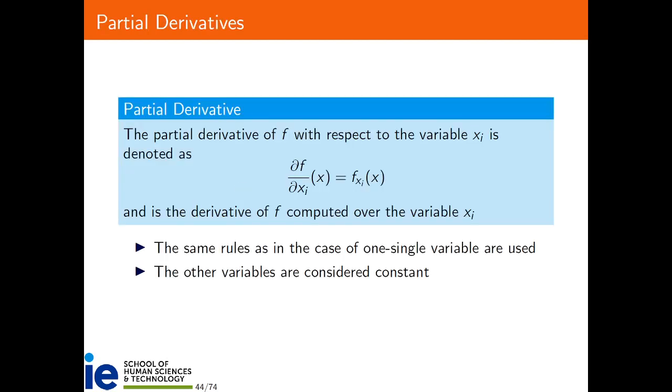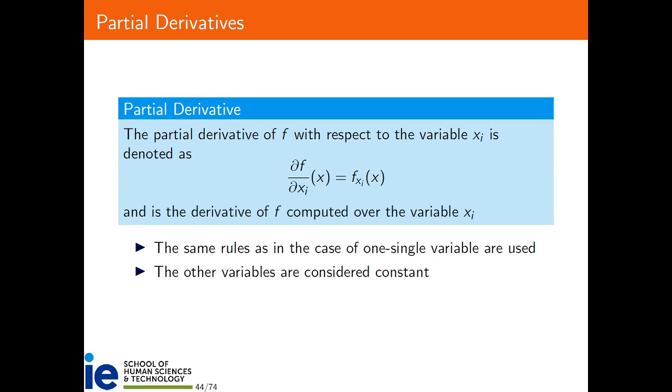So now I have a function of many variables, and when we had a function of one variable, we computed derivatives. Now we can do something very similar with functions of many variables. But now, for example, both x and y are variables. I can take the derivative with respect to x, and I can take the derivative with respect to y.